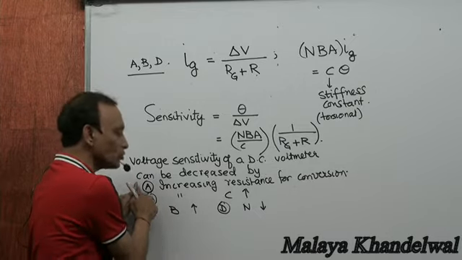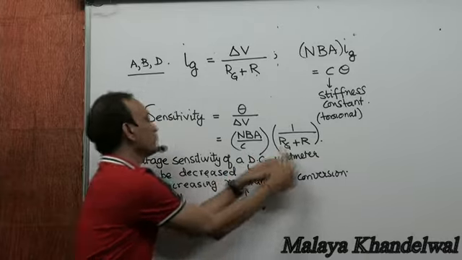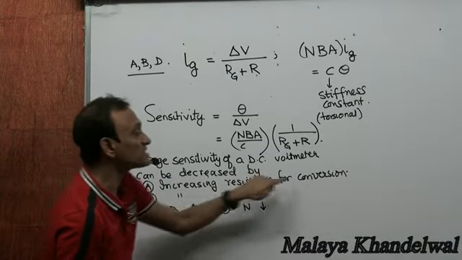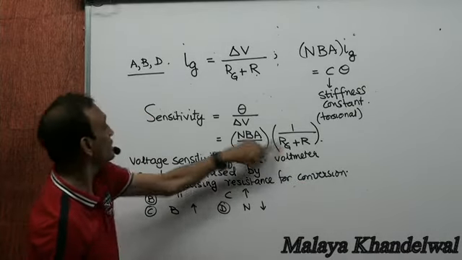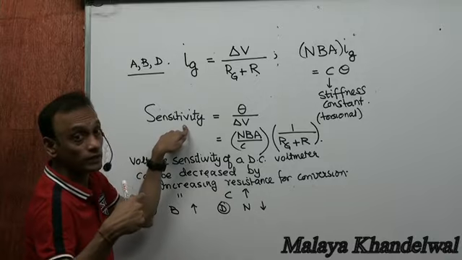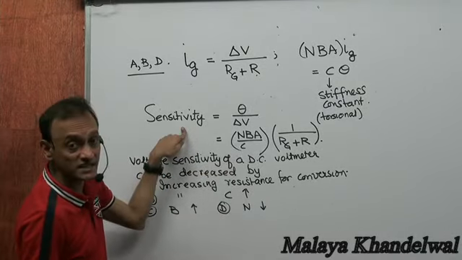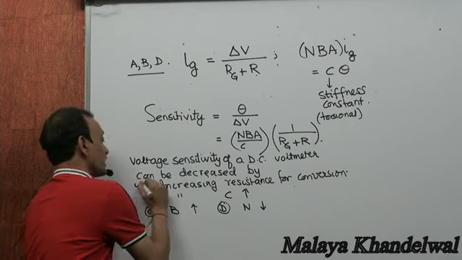Now, we need to explore these four options. Voltage sensitivity of a DC voltmeter can be decreased by: A, increasing resistance for conversion. If I increase Rg, then obviously sensitivity would decrease. Yes or no? Voltage sensitivity would decrease, and therefore option A is right.